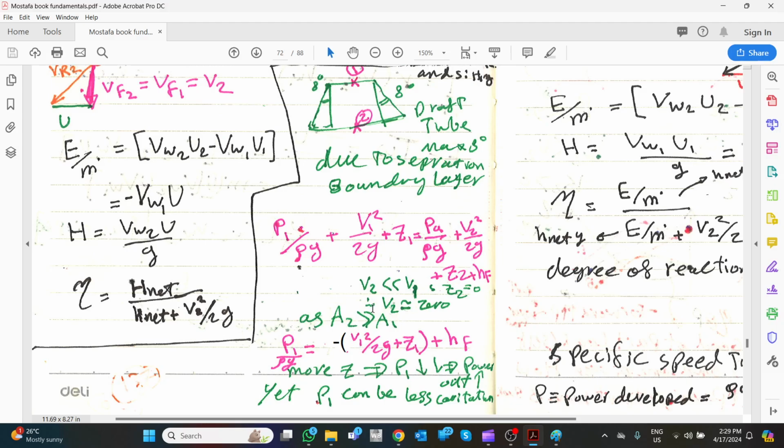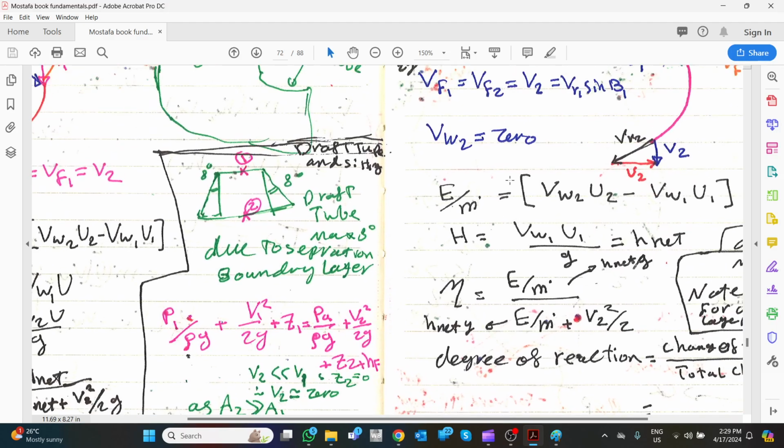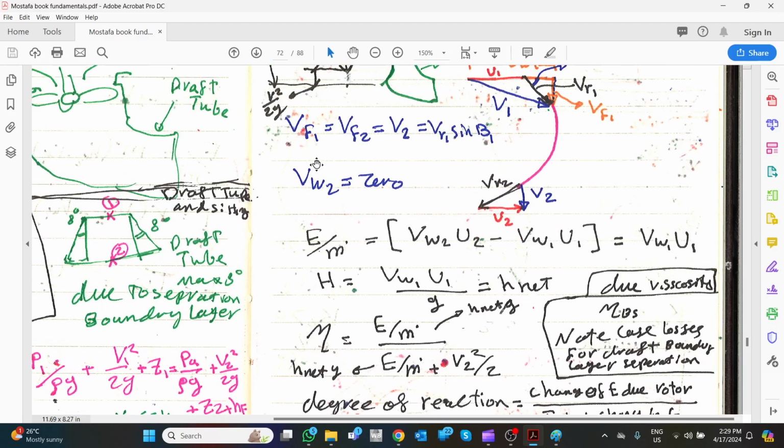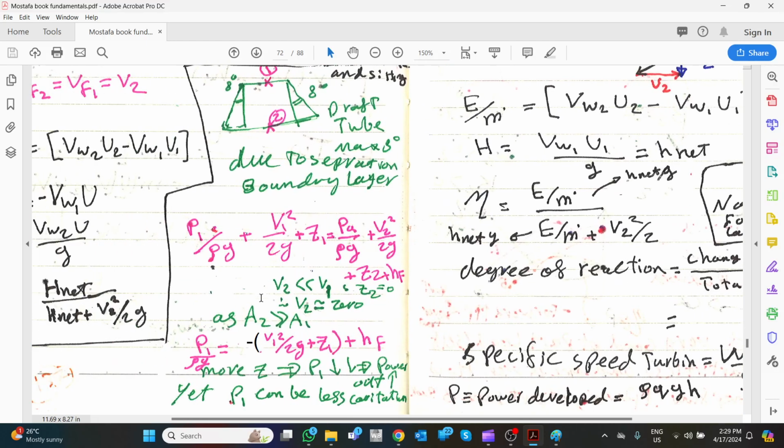If more V1 will create less V1, it is not in our benefit, because more V1 is losses itself. V1 is the outlet from the turbine. So no, we don't want to play in V1. We just want to play on Z, only Z.